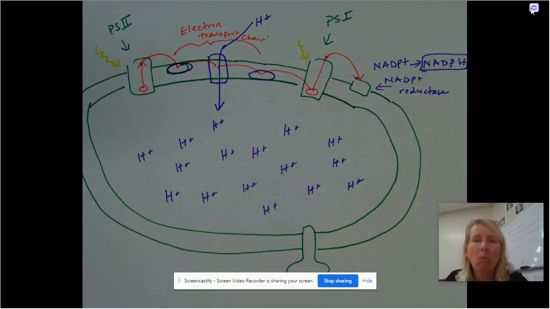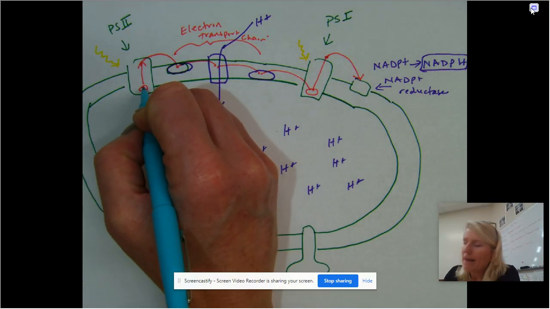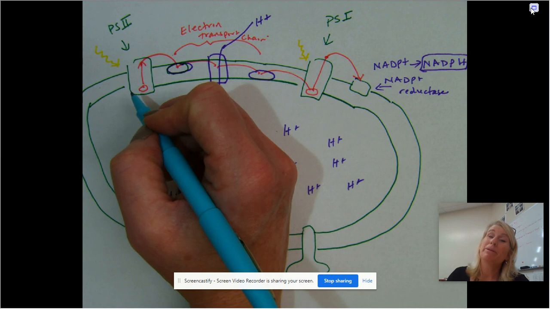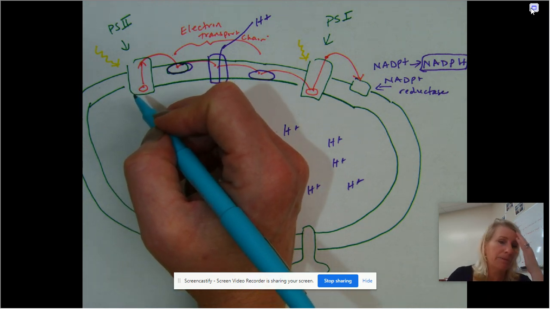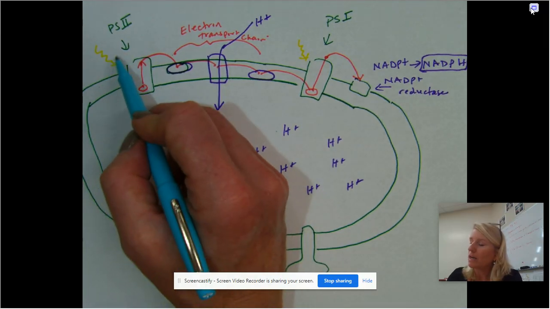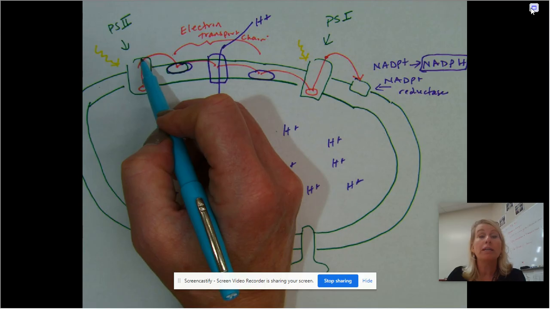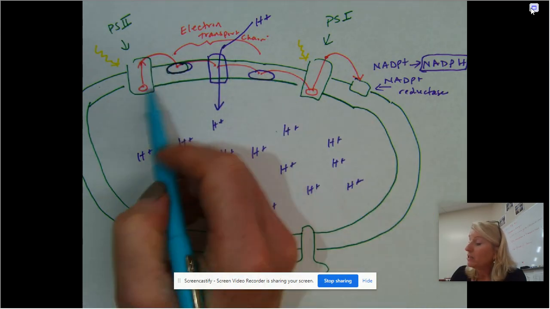We also mentioned water is used in the light reactions. Whenever something loses an electron, that electron needs to be replaced. Things don't like to have their electrons taken from them and not get them replaced. So this first electron here at photosystem 2 that jumped up and went on the journey over to PS1, we need to replace it.